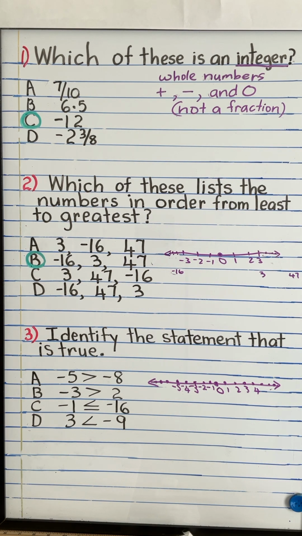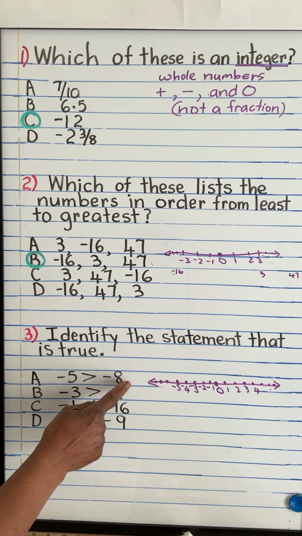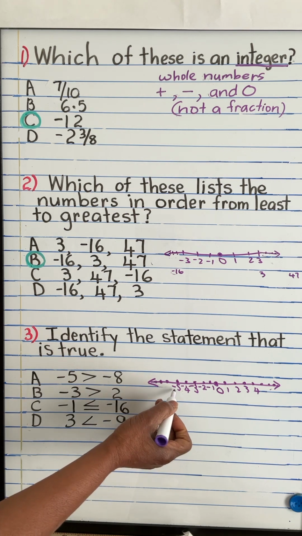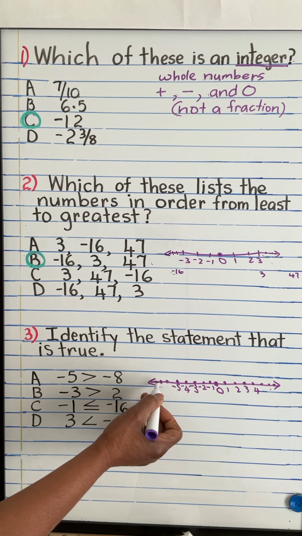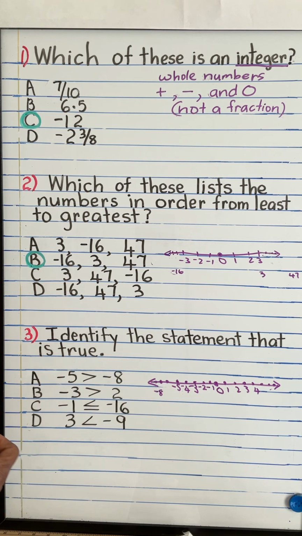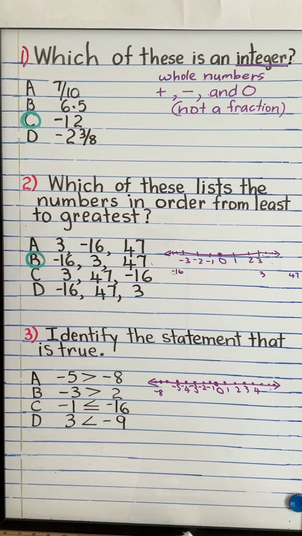Okay, so let's identify the statement that is true. Negative 5 is greater than negative 8. So this is negative 5 right here, and negative 8 would be about right here. So the numbers get smaller as they increase to the left.